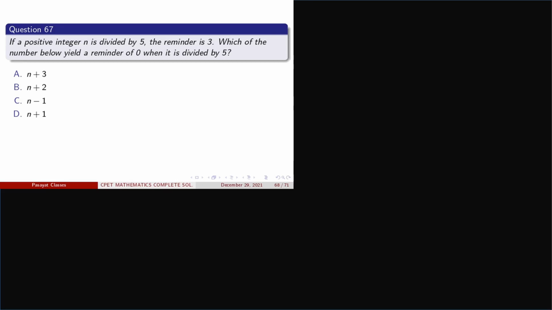Here the question asks: if a positive integer n is divided by 5. That means, let the positive integer be n, divided by 5, with some quotient q and the remainder is 3. Then this n can be rewritten as 5q plus 3.